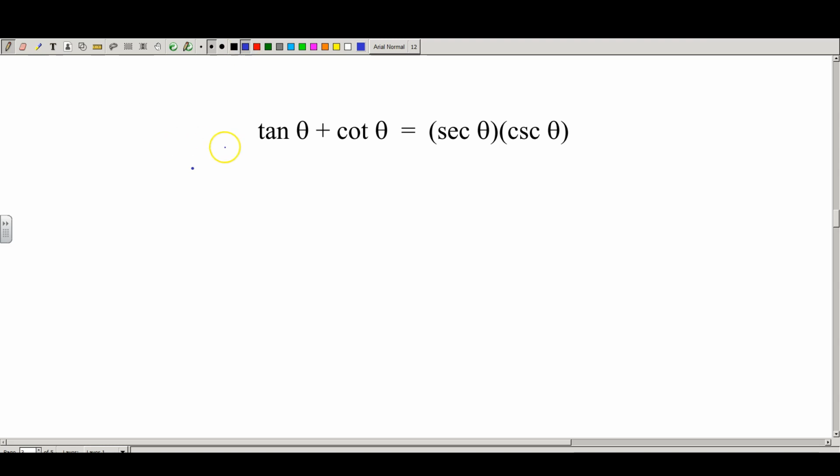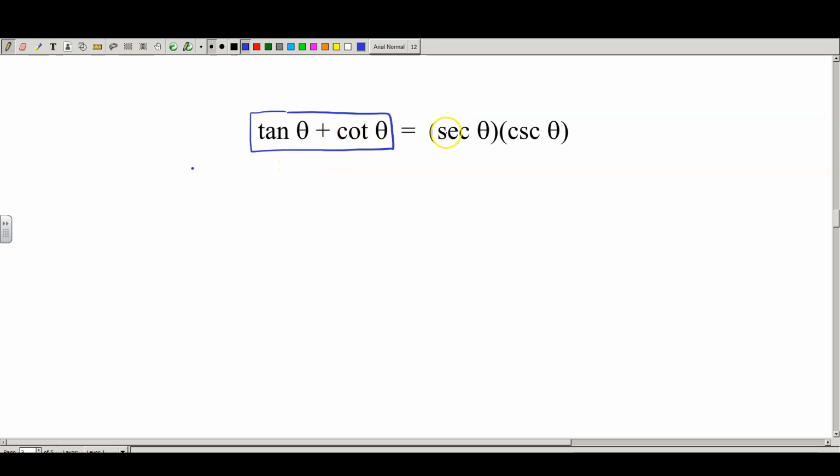So taking a look at this example here. So now I have tangent plus cotangent equals secant cosecant. Okay, so in this case, I'm looking at picking a side, and since this has addition in it, it looks like I could maybe combine those and add those things together.